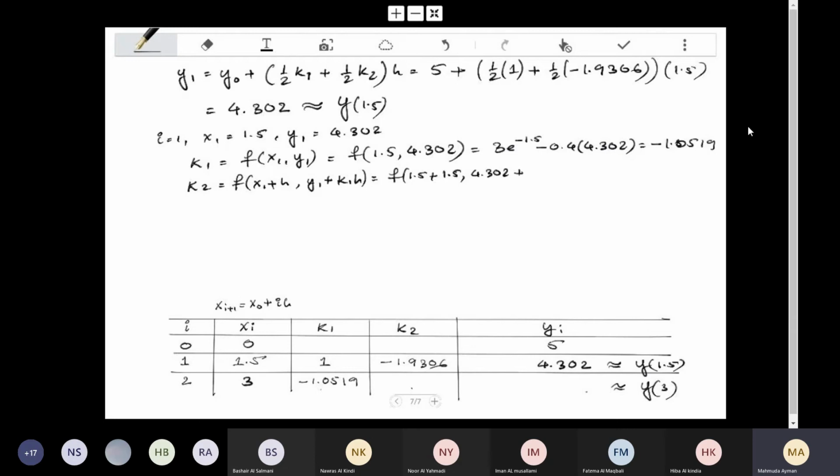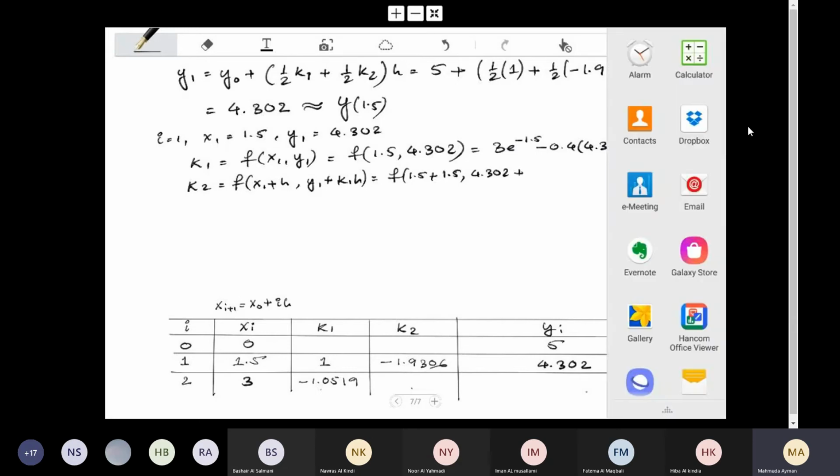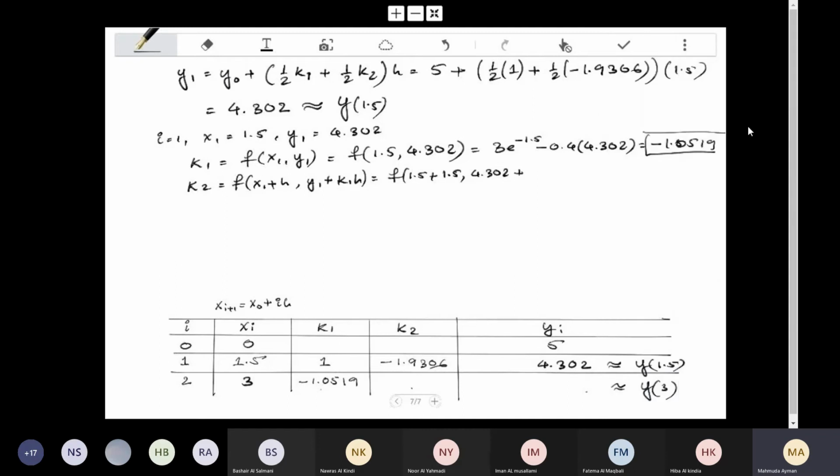We just got the value of k1 here, which is minus 1.0519 times h, that's 1.5.